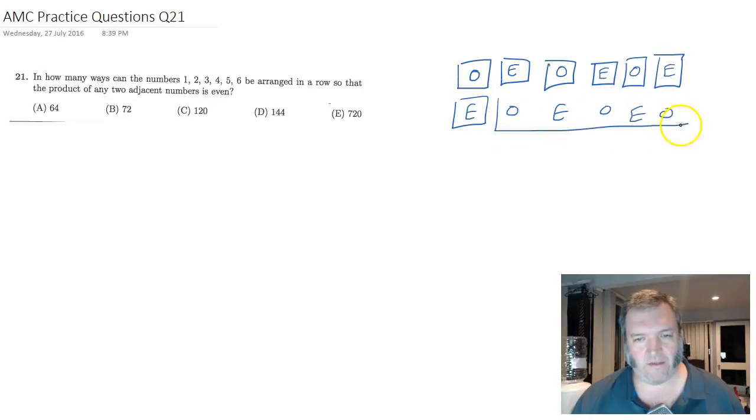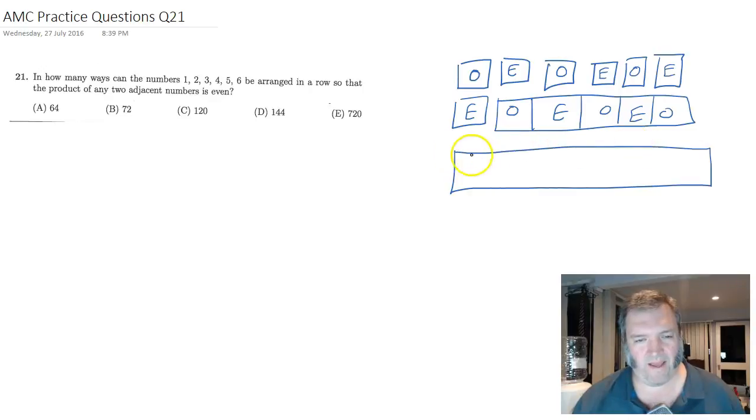And I'm just going to speed up the process of putting them in their positions by doing it all in one long line. Are there any other orders in which this could happen? And indeed there are. We've considered the case where O is at the front. Is there another way I could have it? Odd ones first, certainly an even has to come second.